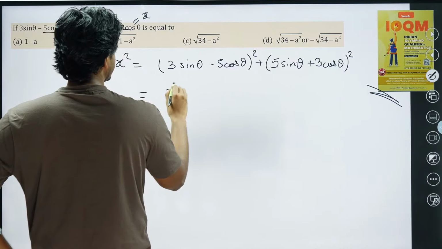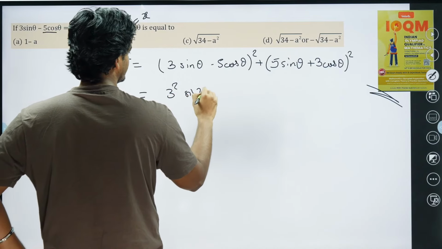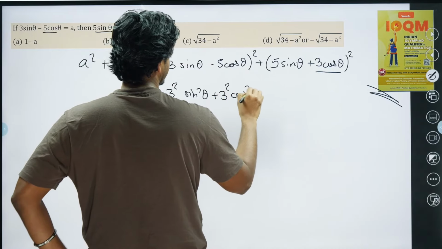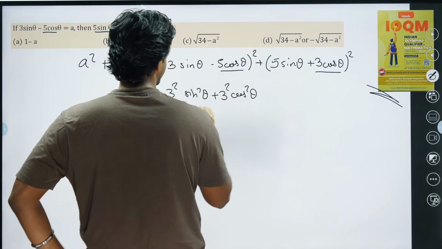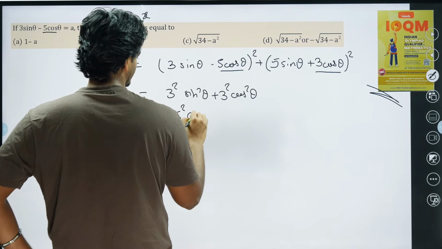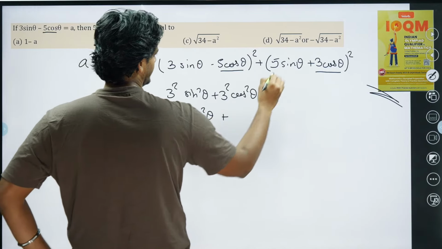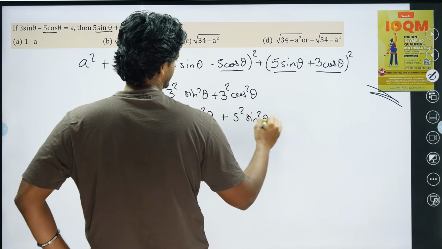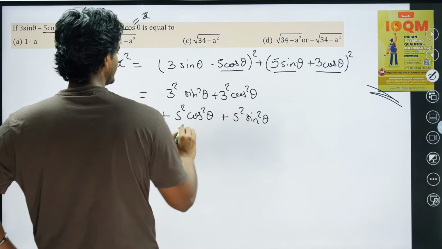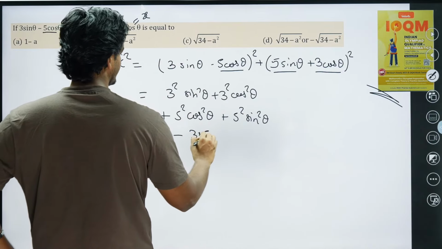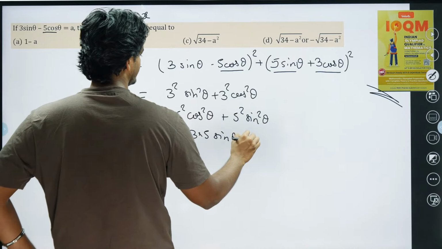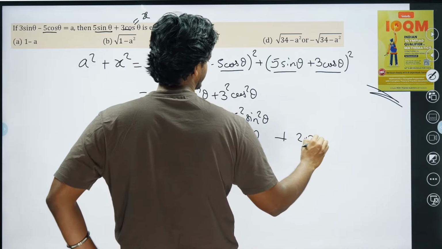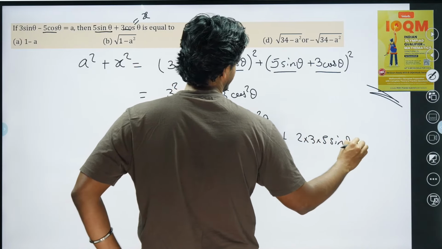Now if you see, it is 3 square sin square theta, and here you will have 3 square cos square theta, 5 square cos square theta, and here you have 5 square sin square theta. And here you will have minus 3 into 5 into sin theta cos theta into 2, and plus 2 into 3 into 5 into sin theta cos theta.